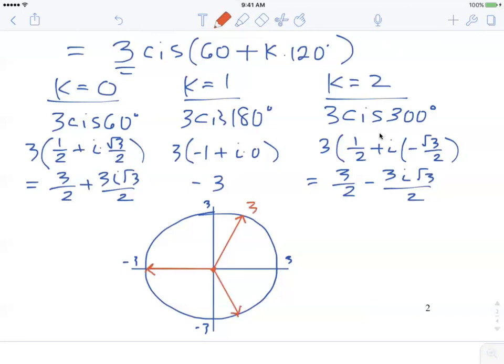So that's the 3 cis 60 there. That's 3 cis 180. And that's 3 cis 300. And notice they're all 120 degrees apart. And they all have the same radius going out to that circle of radius 3. So pretty neat to graph. And that's always going to happen where they have this kind of cutting up a circle into equal parts feature, I guess.